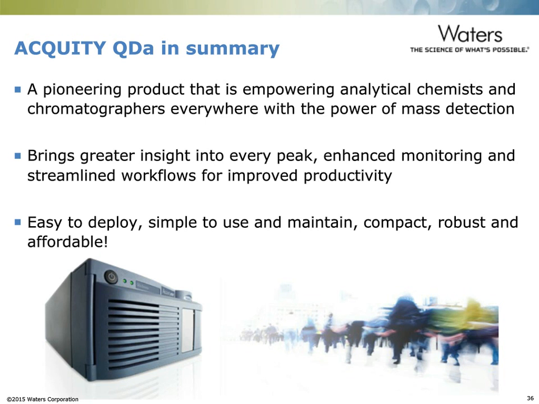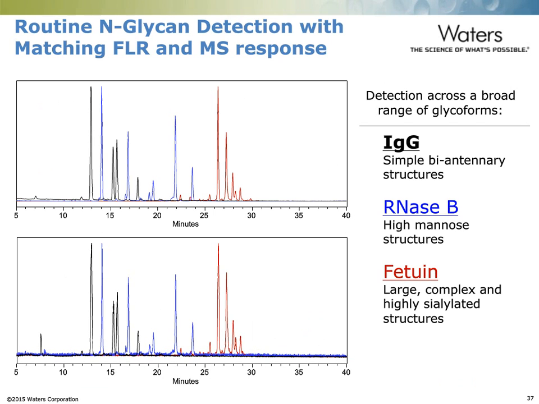So now, looking at the application of the Acquity QDA for some specific applications, what I show here is routine monitoring of released N-glycans. These are released and labeled with RapiFluor-MS. And we show three different types of samples. First is released glycans from an IgG, which represent more of the simple biantennary structures, which are fairly common.